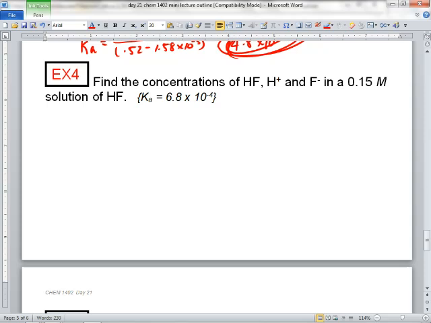So see if you can work it out. We want to know the concentrations of everything at equilibrium: the conjugate acid, HF, H plus, and the conjugate base, F minus. You're going to have to do a full quadratic treatment there because our Ka is only 10 to the negative 4. See if you can work it out.